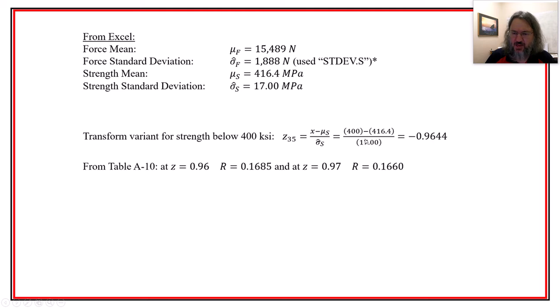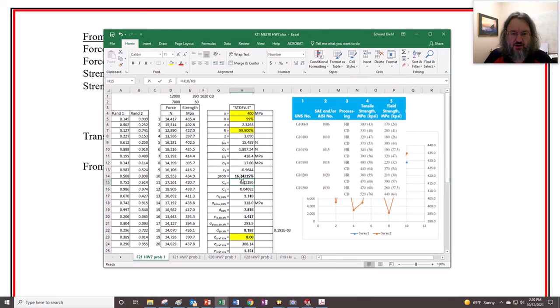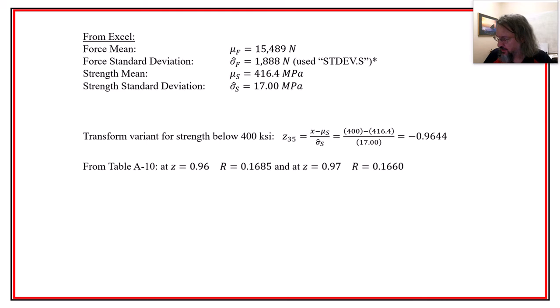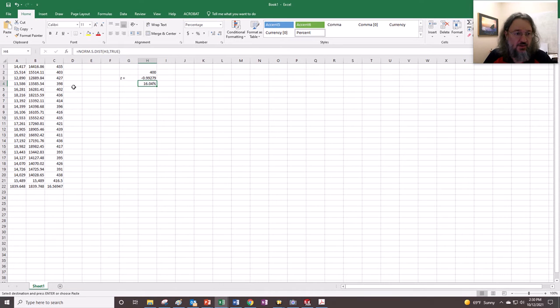And once again, I don't know why my standard deviation is being different right here. It's still showing that on my other spreadsheet right here, right? So I had my 400 minus 416 divided by that 17, which was the standard deviation of this column worth of data, which should have been the same as this column of data right here, right?